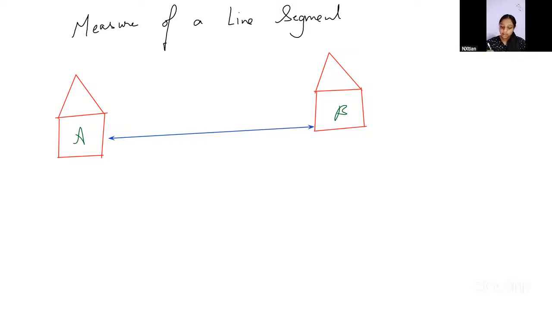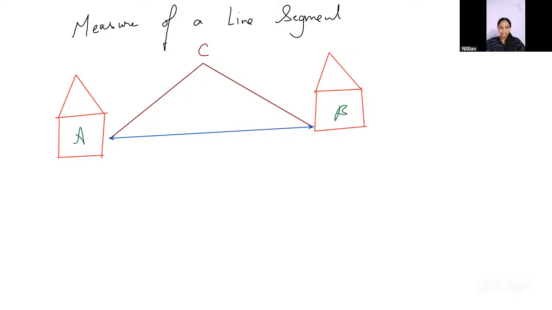Another way is that I will move like this. I will move first here, then here, and then here. Let's give this point a name, C. So I will move from A to C and then C to B. These are the two routes, but A to B is the short route.